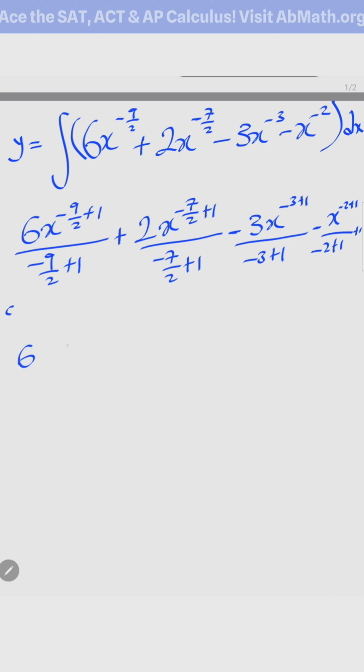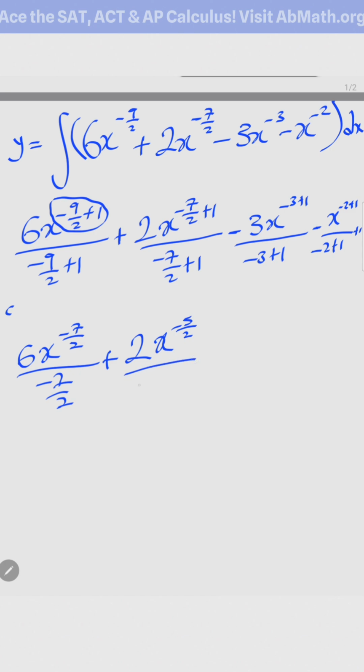I'll write it here. So let's simplify this. We now have 6x, and if you simplify this it will be negative 7 over 2 over negative 7 over 2. Then plus 2x to the negative 5 over 2 over negative 5 over 2. Then we have plus 3x^(−2) over 2, and then plus x raised to power negative 1, then plus c.